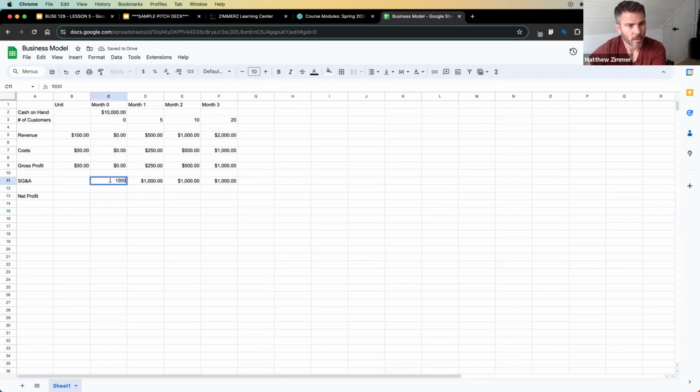And this is actually a cost, so I'm going to make this negative. Make these negative because we're looking at this on a cash analysis, so we're going to be losing money. So let me make all my costs negative, and we'll change this to a plus.